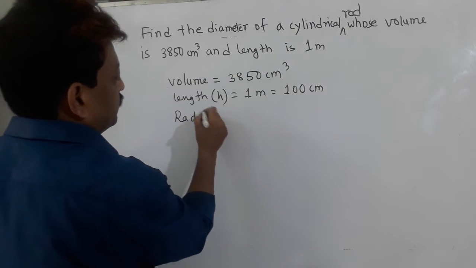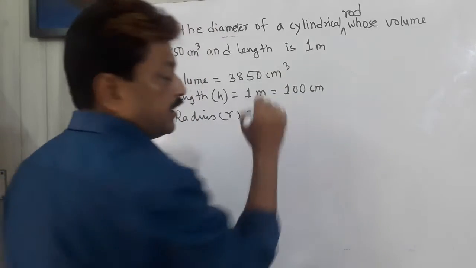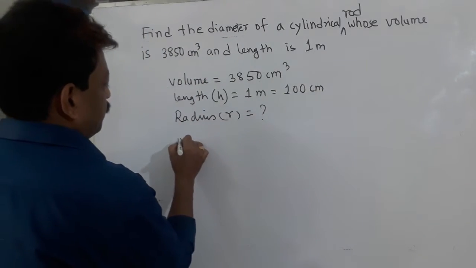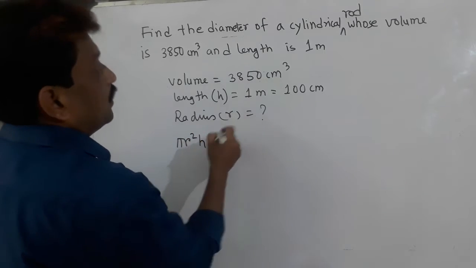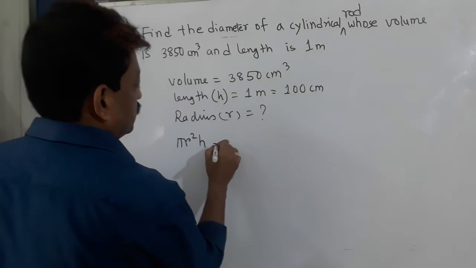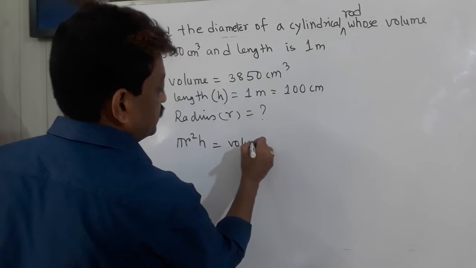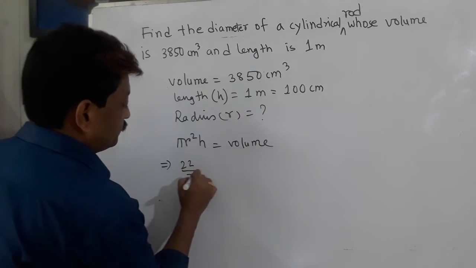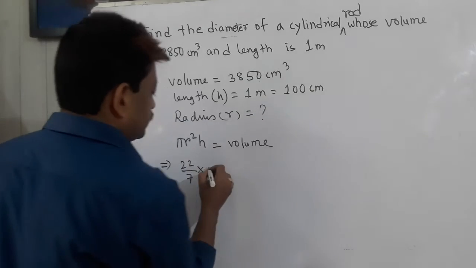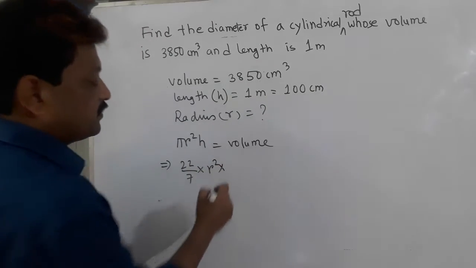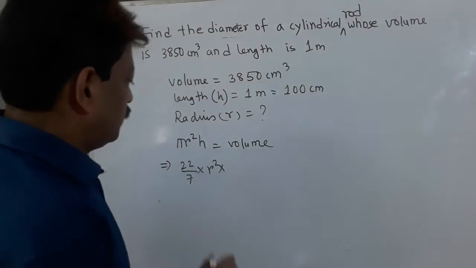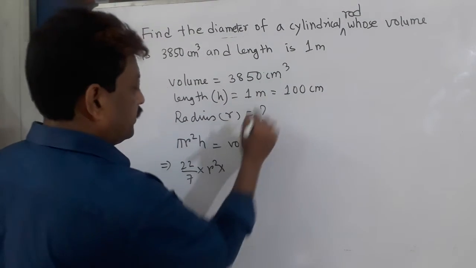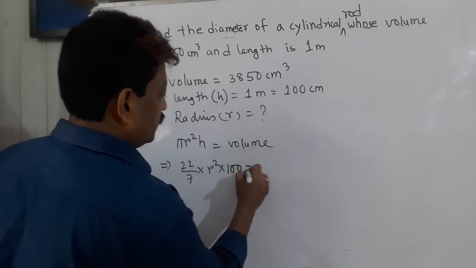After calculating the radius we can find the diameter. So first of all, the volume of the cylinder is pi r square h. Pi r square h equals volume. Now pi is 22 upon 7. The radius is not known, so keep it as it is. So h is given as 100 centimeter.